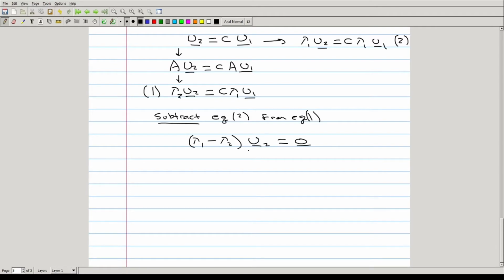And since u2 is an eigenvector, u2 is not the zero vector, which implies that lambda 1 is equal to lambda 2, which is a contradiction.